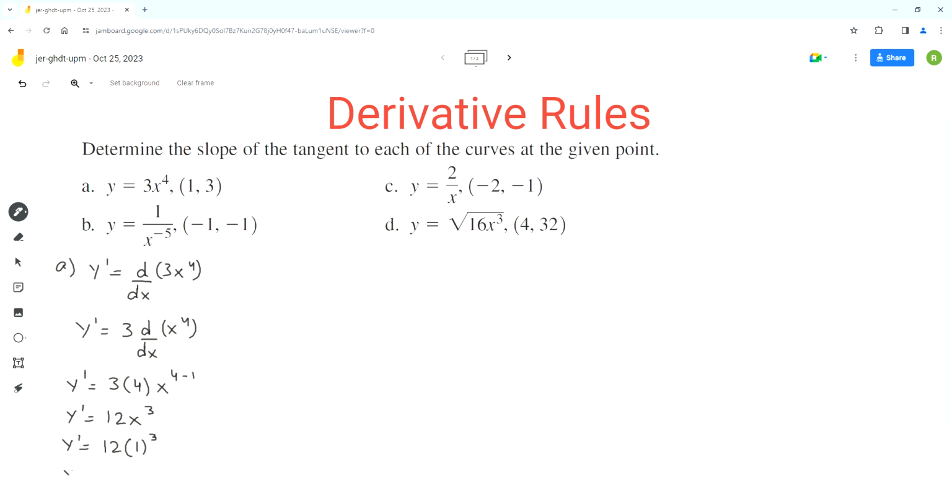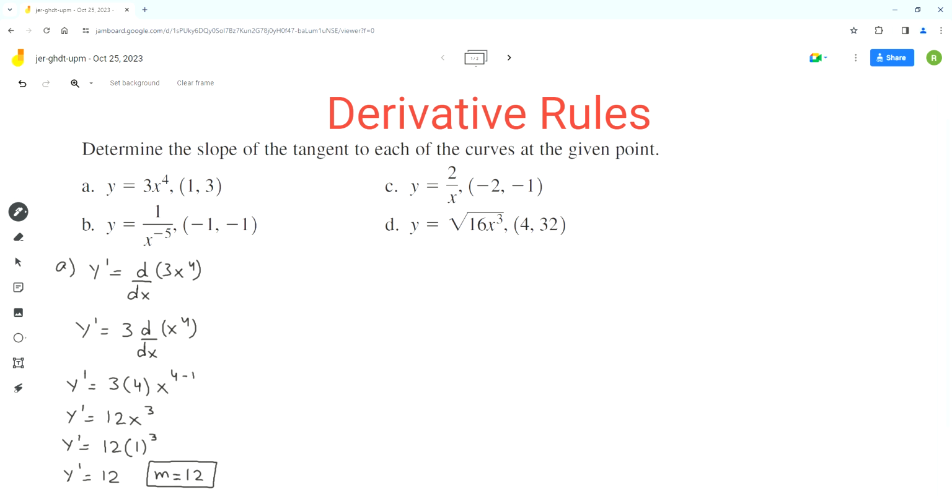Now 1 to the power 3 is equal to 1. So therefore we get 12 times 1, which is equal to 12. So this is the slope of the tangent. So we can write our answer as m equals 12. So this is the slope of the tangent for part A.